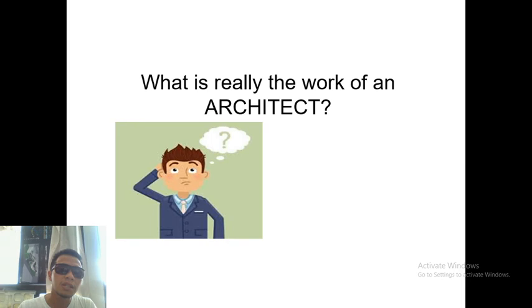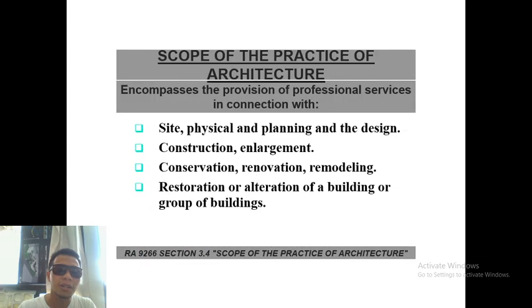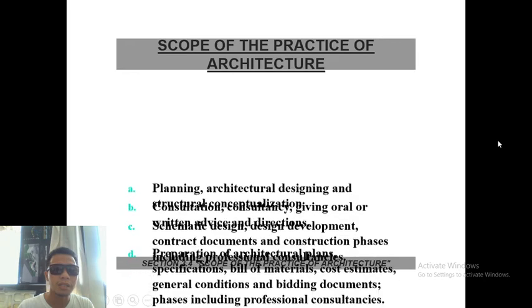So what's really the work of an architect? Let me just read this to you so that it will not take us very long. This is still based on the RA 9266, again the Architecture Law or the Architecture Act of 2004. This is the scope: site physical planning and the design, construction or enlargement, conservation, renovation and remodeling of buildings, restoration or alteration of a building or group of buildings.